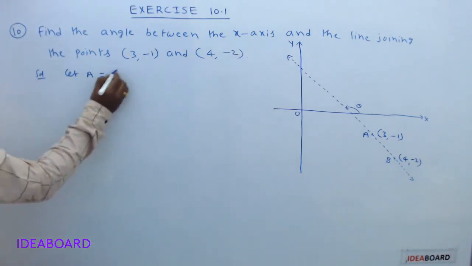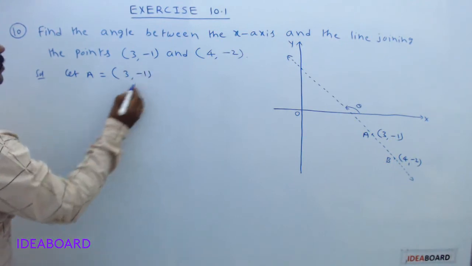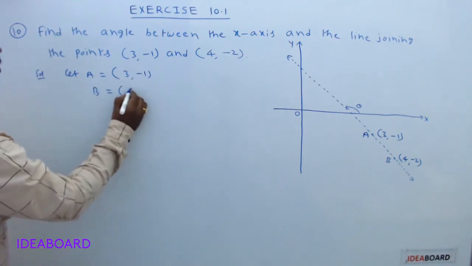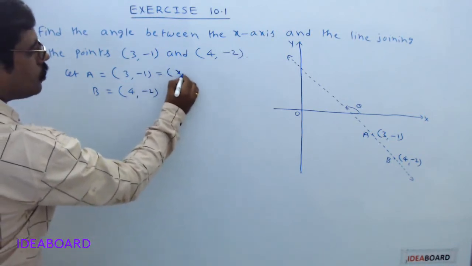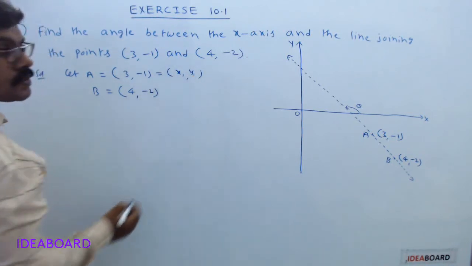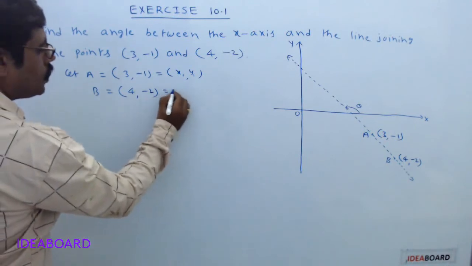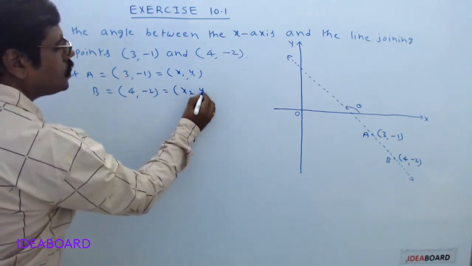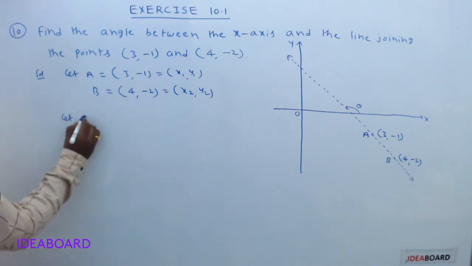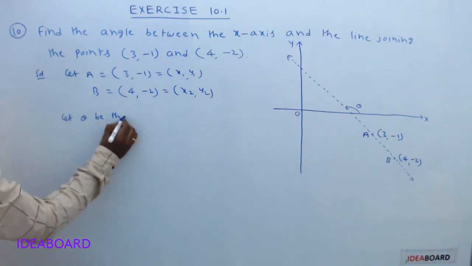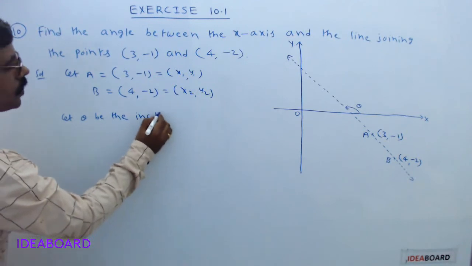Let A equals 3 comma minus 1, B equals 4 comma minus 2. Now denote the coordinates of A with x1, y1. Take the coordinates of B as x2, y2. Let theta be the inclination of line AB.